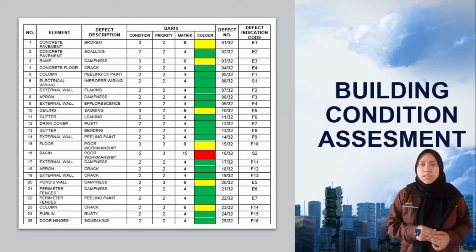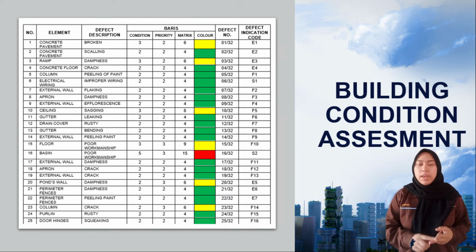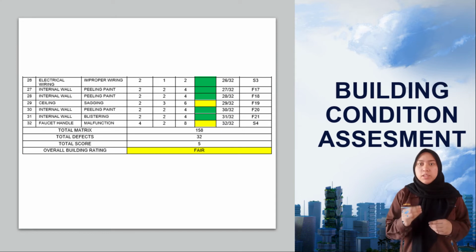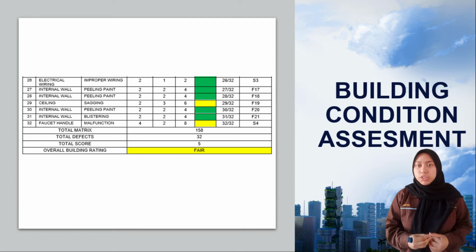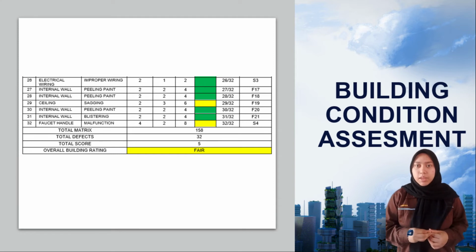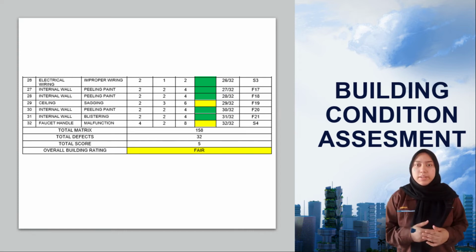Others are such as sagging of ceiling board, leaking of roof gutter, and blistering of external wall, and this is a minor defect but can lead to a serious defect if left unattended. Next, for the services, the defects are such as improper wiring, mostly because of poor workmanship, and malfunction due to old age. And next, I will pass this to Zarika and she will explain about analysis of Paris.